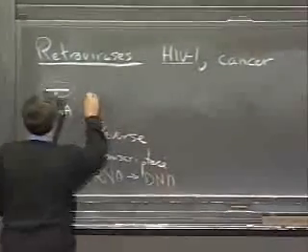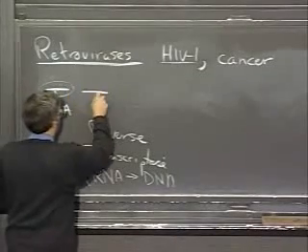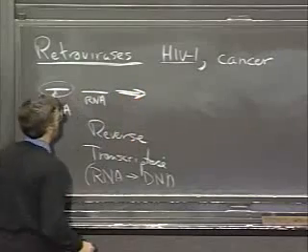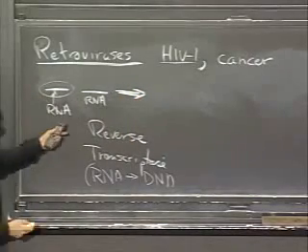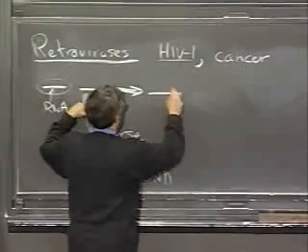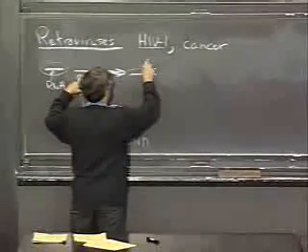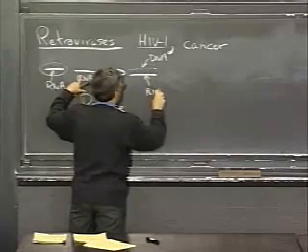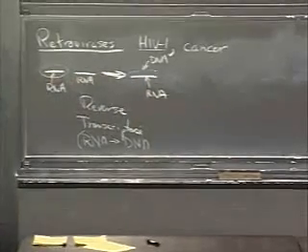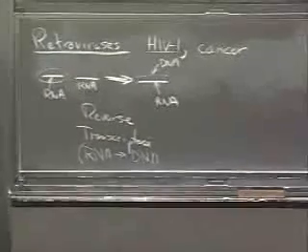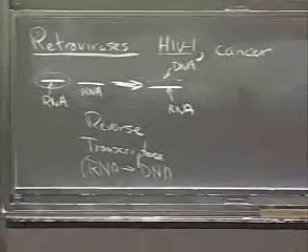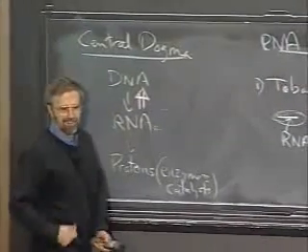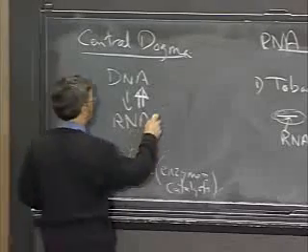So if we take this RNA out of the virus, what this virus encodes is an enzyme that's able to take this RNA and make the corresponding DNA copy. So what is happening in that case is the information is flowing in the other direction.